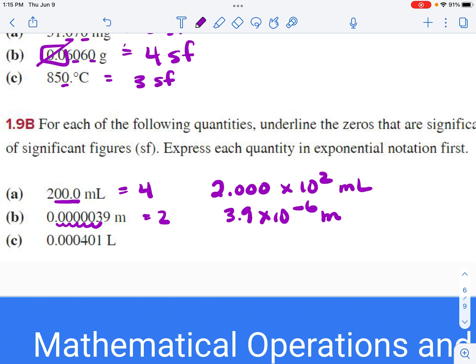Okay, sorry, I should add the units. And then these are zeros in the front, so they're not significant, but this 0 in the middle is. And so this is 3 significant figures, and it would be 4.01 times 10 to the negative, 1, 2, wait, let me count again, 1, 2, 3 fourths, okay? And liters. So hopefully you were correct. Practice some more in the practice problems.